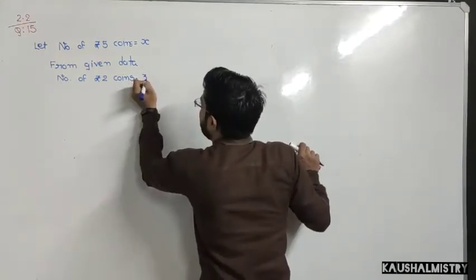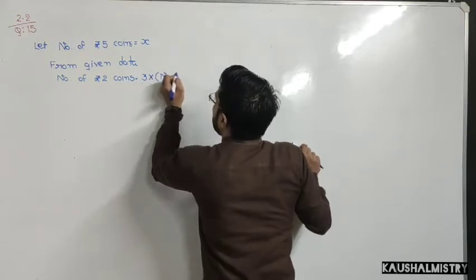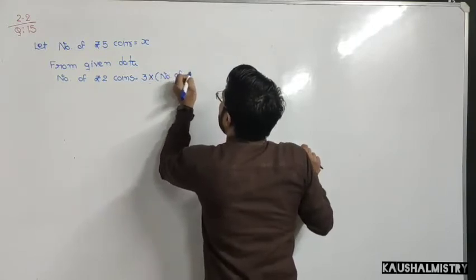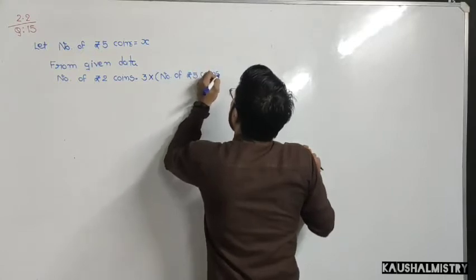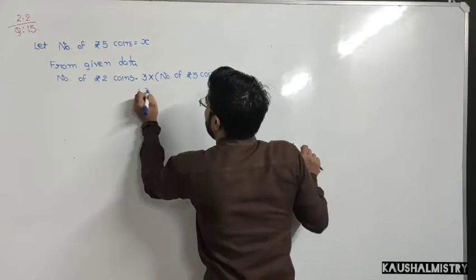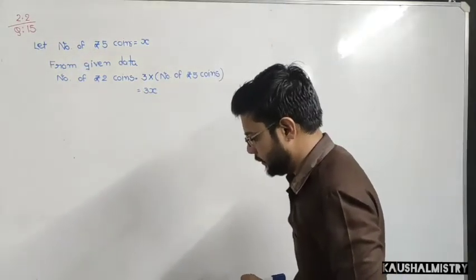So that means 3 multiplied by number of rupees 5 coins. So that is equal to 3 multiplied by x. So that is equal to 3x, right?